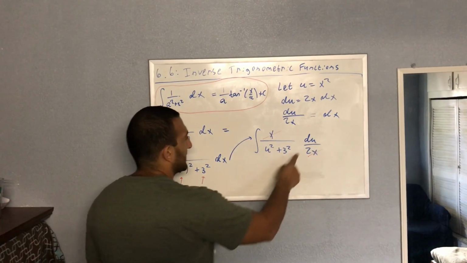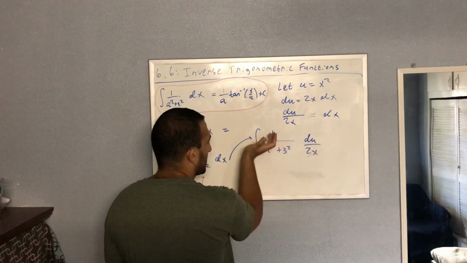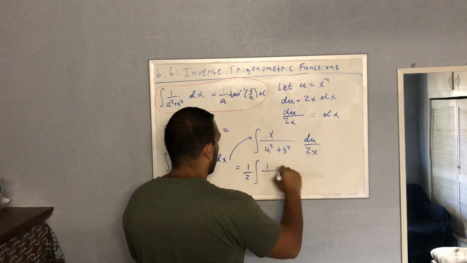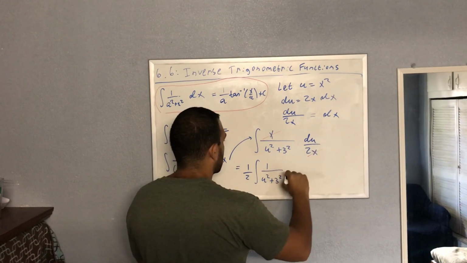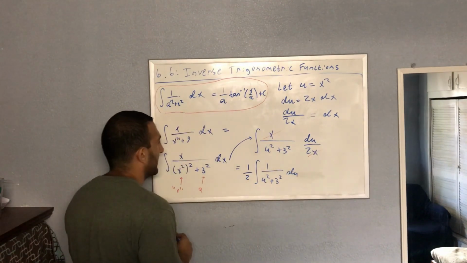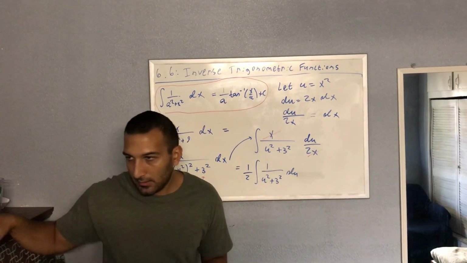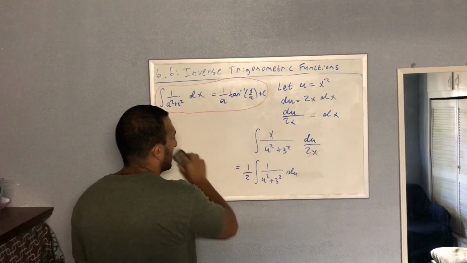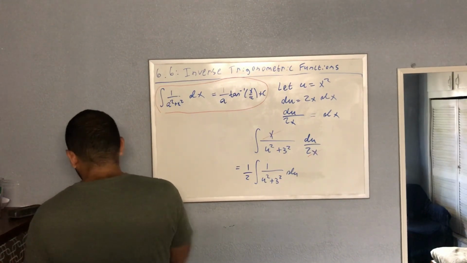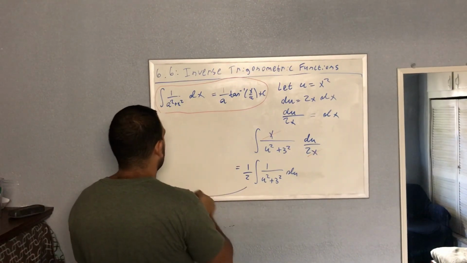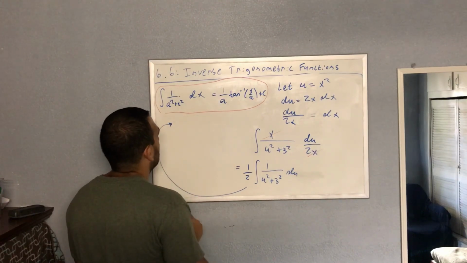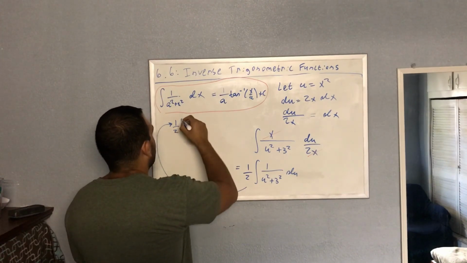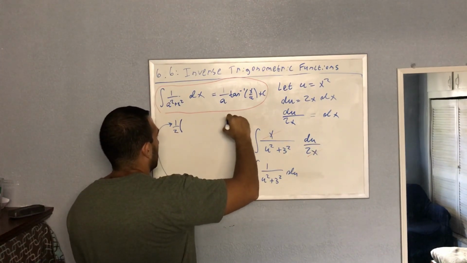And we'll be able to pull the 1/2 out in front of all of this. So this will now be 1/2 integral of 1 over u squared plus 3 squared du. This is really nice because now we can use this formula that we have. So the 1/2 is floating out in front, so we get 1/2 times our answer.